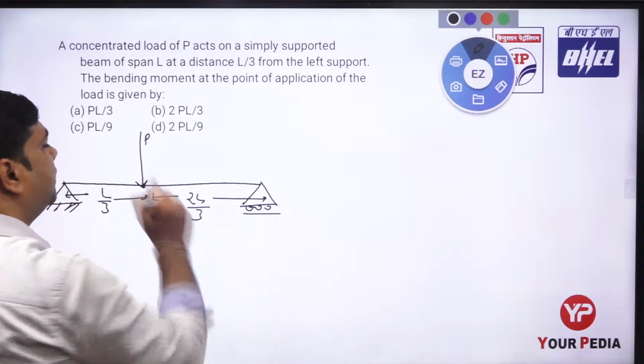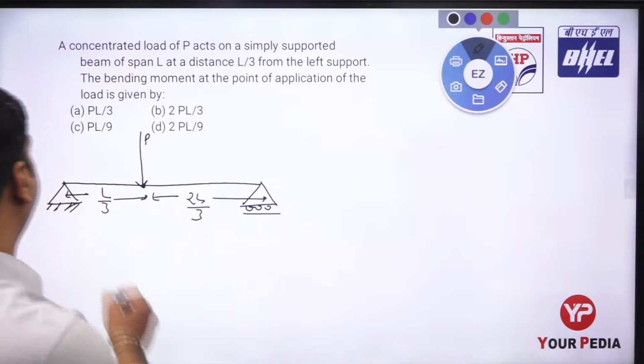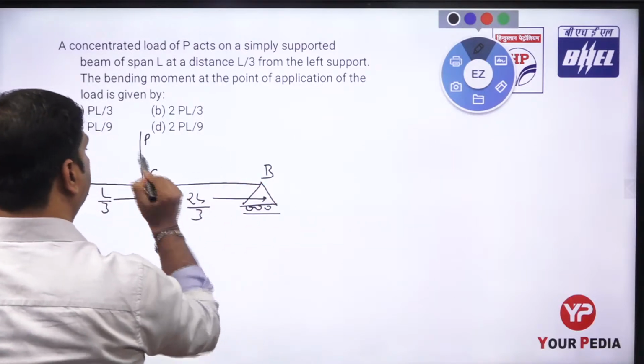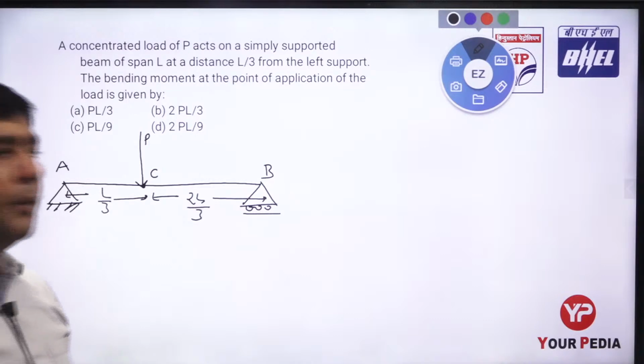If this is point A, this is point B, and this is point C, we have to find the bending moment at point C.